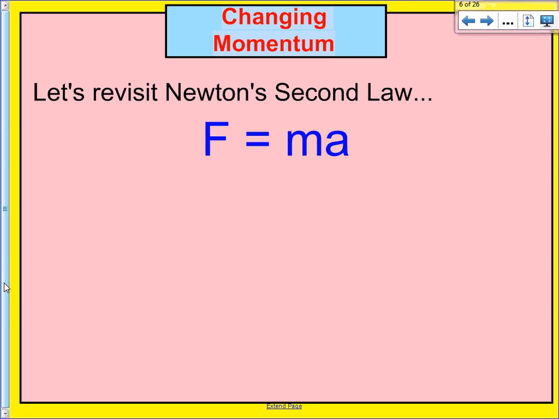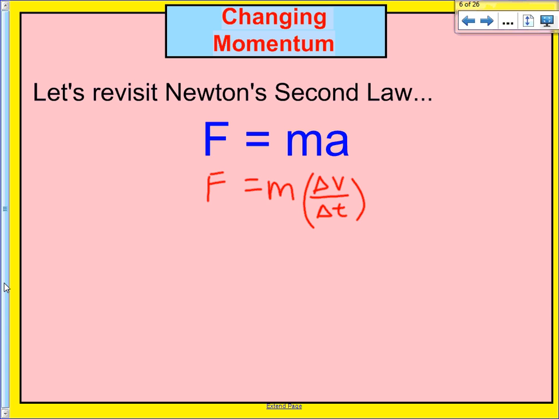Now, let's revisit Newton's second law because we're going to see that that actually helps us out when we're looking at momentum. If you remember, Newton's second law is force equals mass times acceleration. Now, I'm going to rewrite that into something that we can see a little bit differently. So force equals mass, but I'm going to rewrite acceleration into its equation form. And if you remember, acceleration is simply change in velocity over change in time.